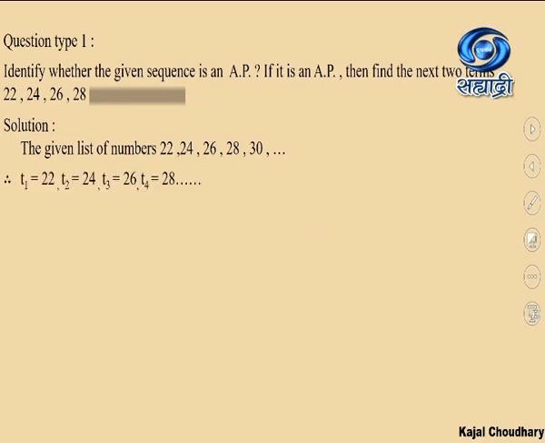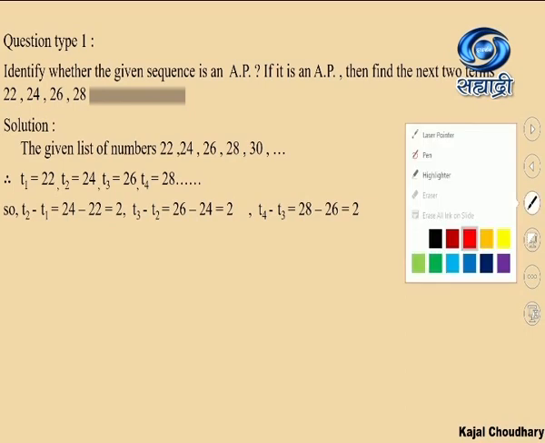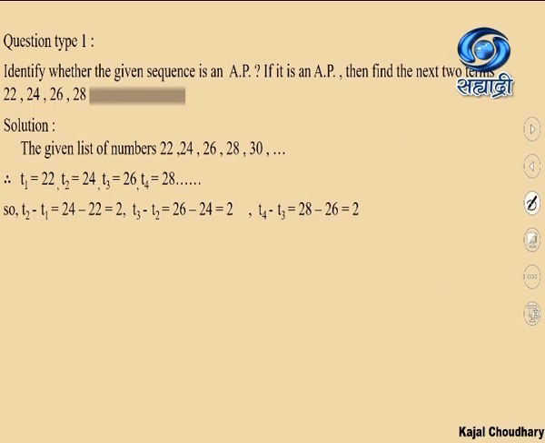T1 is the first term, T2 the second term, T3 the third term, T4 the fourth term, and so on. Now, we find the difference between any two consecutive terms. The first difference is T2 minus T1. Next, T3 minus T2.